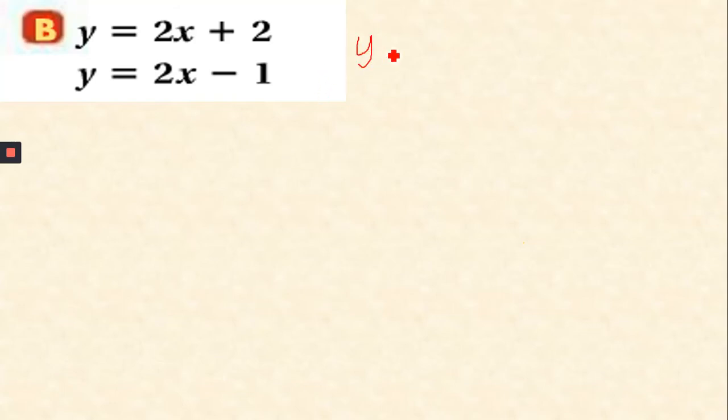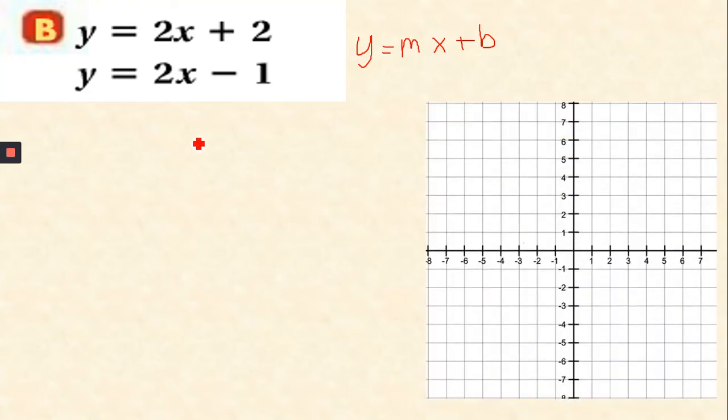Now we're going to write the given equation in slope-intercept form. If you are going to observe, the 2 equation is already written in slope-intercept form. So, what are we going to do? We're just going to determine the slope and the y-intercept. Okay?